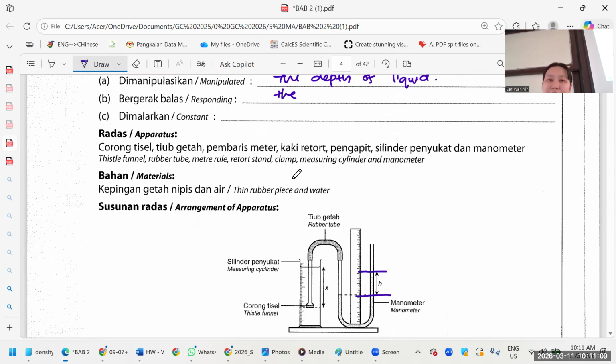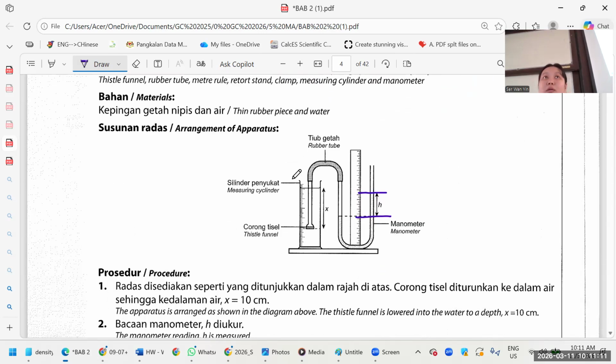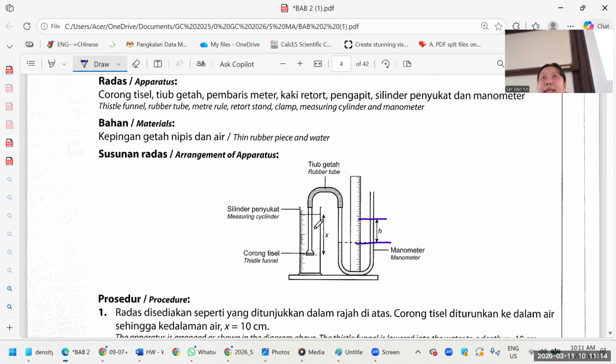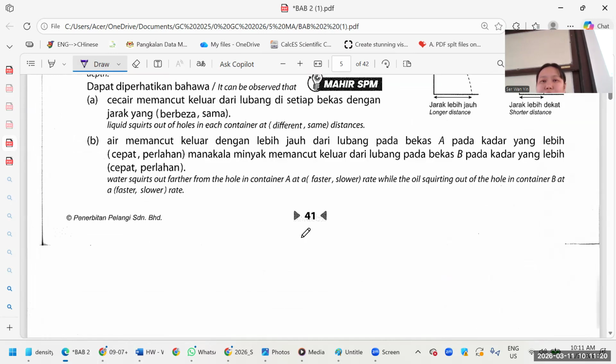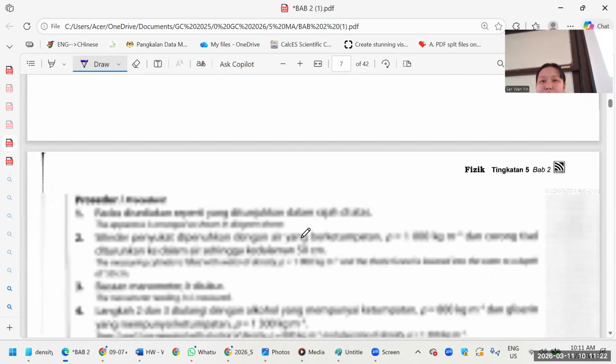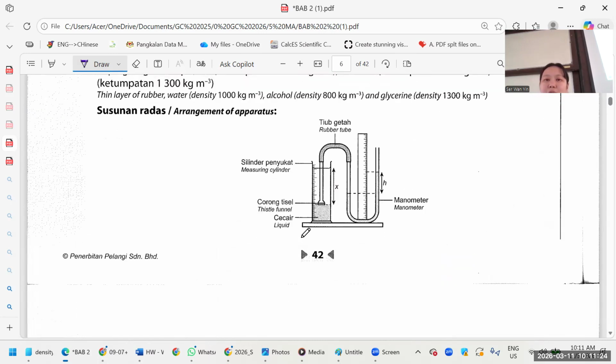Later I will show you, different height, different pressure. Page 42: one, I put it into water. Another one, I put it into alcohol.